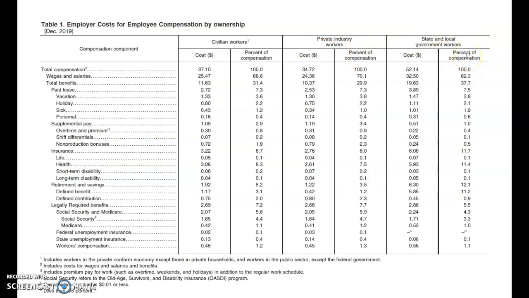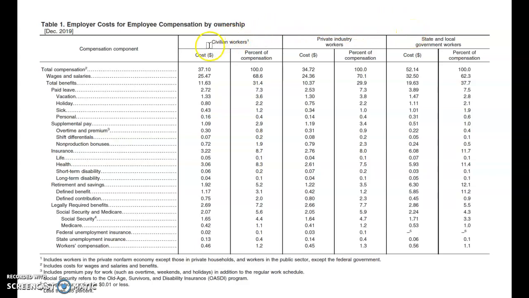When we use this report, they do compile information on state and local government workers, but not federal workers. So no federal employment information is available here. Civilian workers essentially includes both private industry workers and state and local government workers. And then again, if you want the details of each, you would look at these columns here.